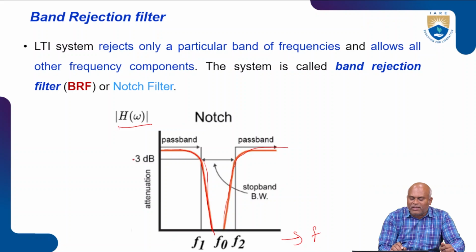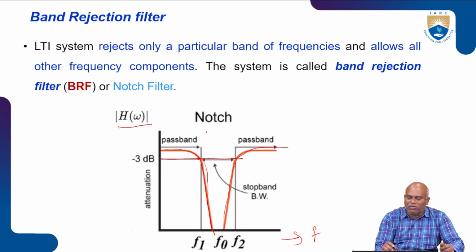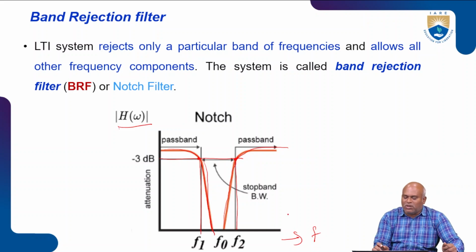Now we apply the 3 decibel condition in the attenuation. Where it touches on the lower side is represented as F1, and the higher side frequency is F2. So what happens? In between F1 and F2, the signals are stopped.